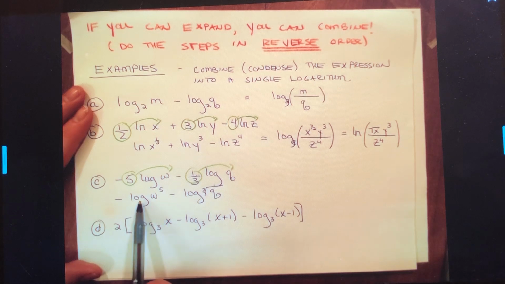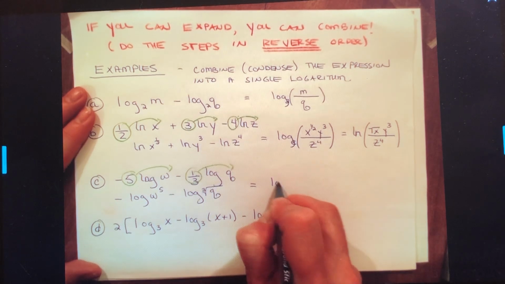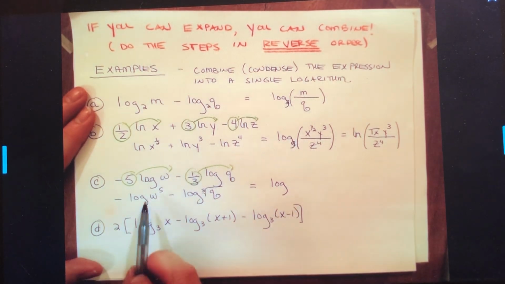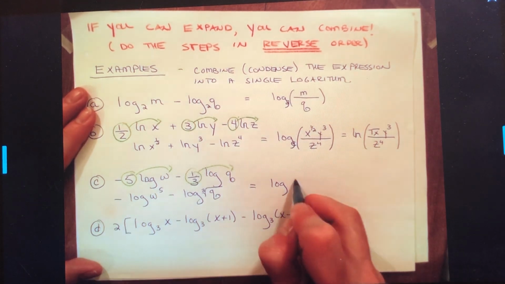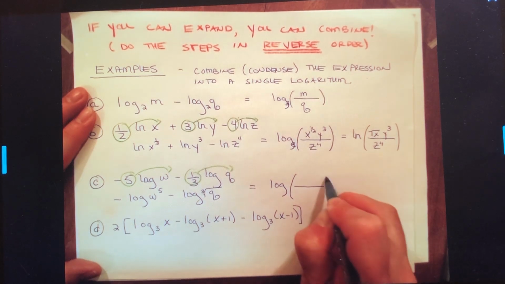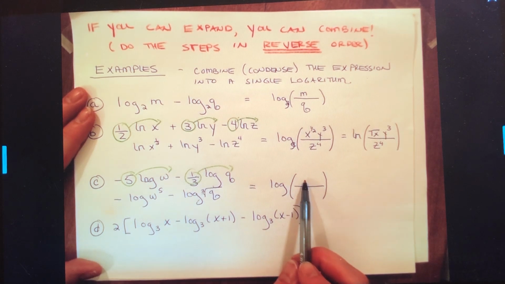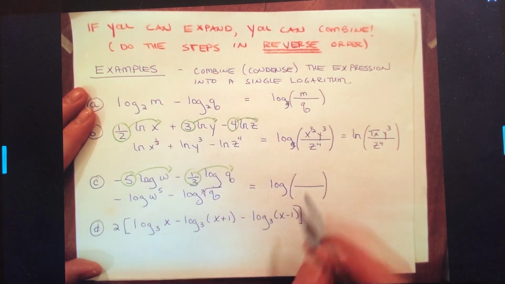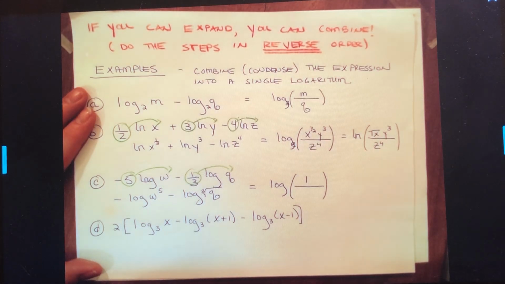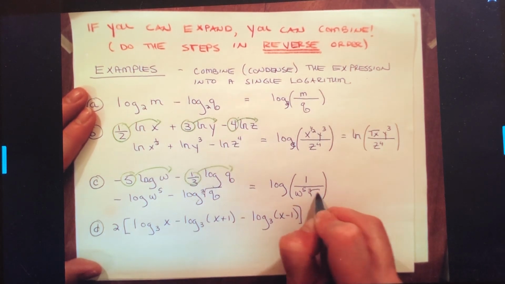So now, how do I combine this into a single log? I'm going to write log. I have terms that need to go in the denominator of the argument because these are negative. So I'm going to get ready to write a numerator and a denominator. But this is the trick: what goes in the numerator, because there are no positive terms? When there are no positive terms, we actually have to put a 1 up there as a placeholder. Then I can put this w to the 5th and this cube root of q down below.